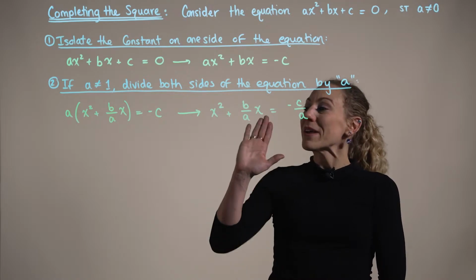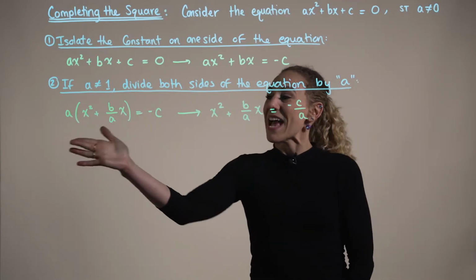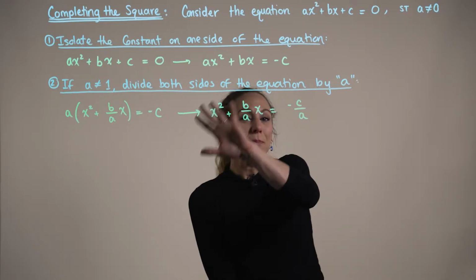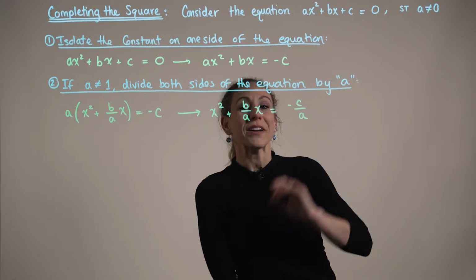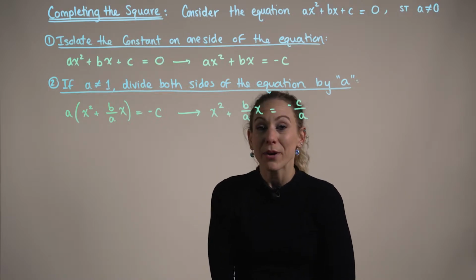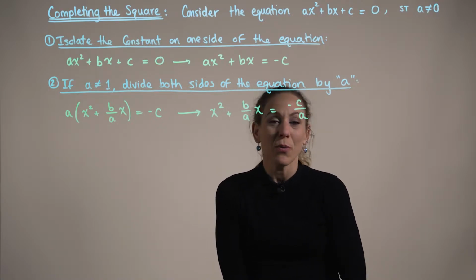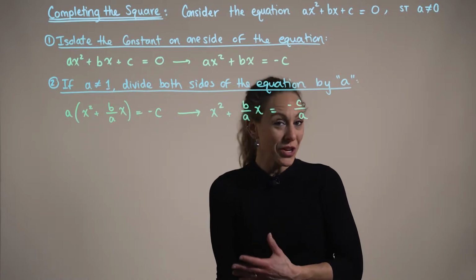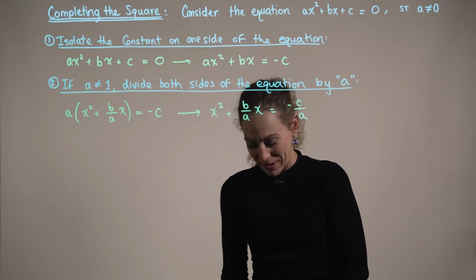So now that we have factored out our common a and divided both sides by that leading coefficient a, we have obtained an easier quadratic form to create a perfect square. So to help us out here, let's recall the general formula for the square of a binomial.